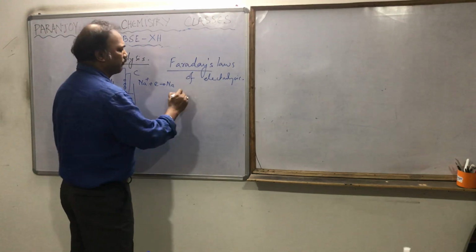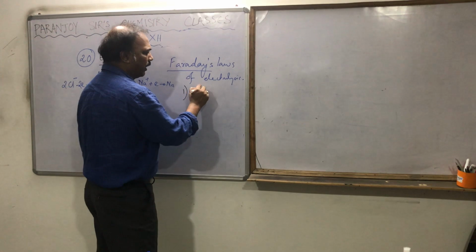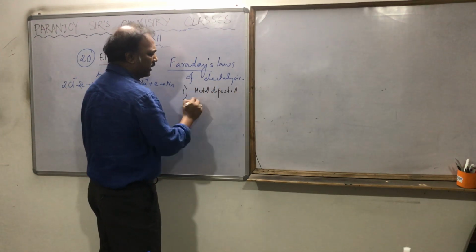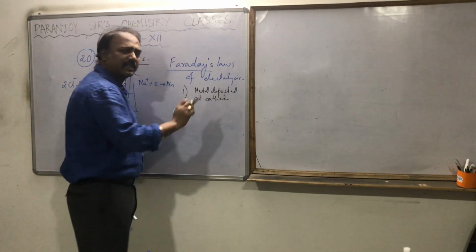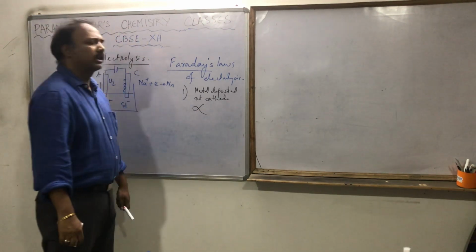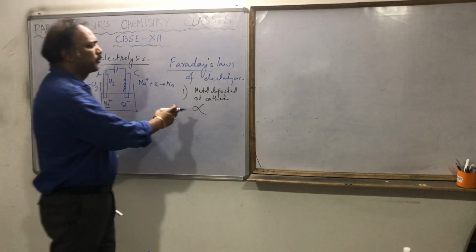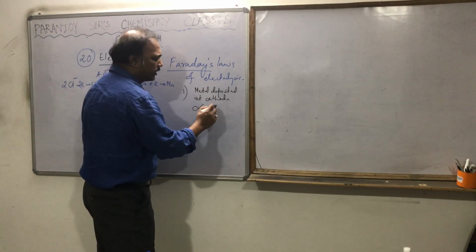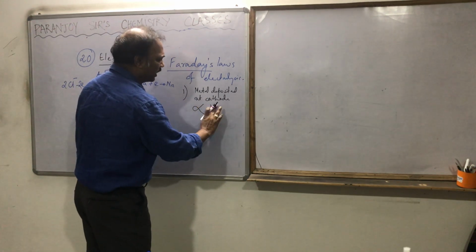The amount of metal deposited at the cathode is directly proportional to the electric charge, or electricity, whatever you call it.